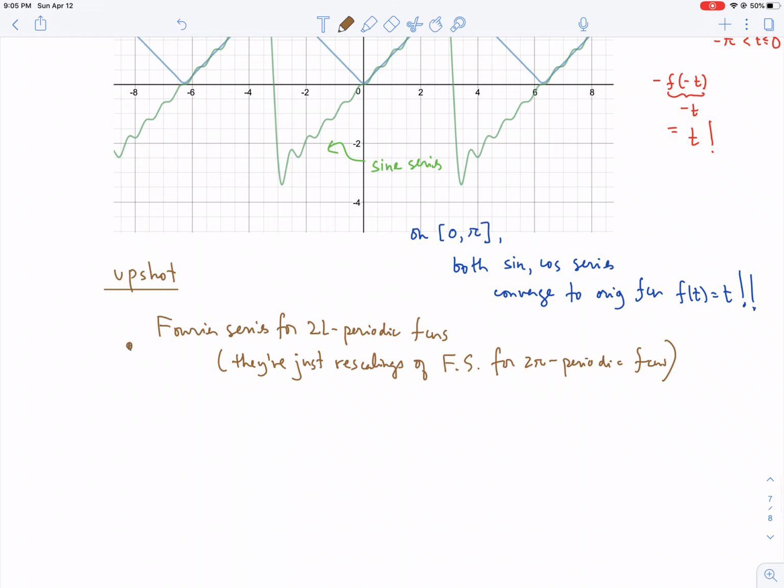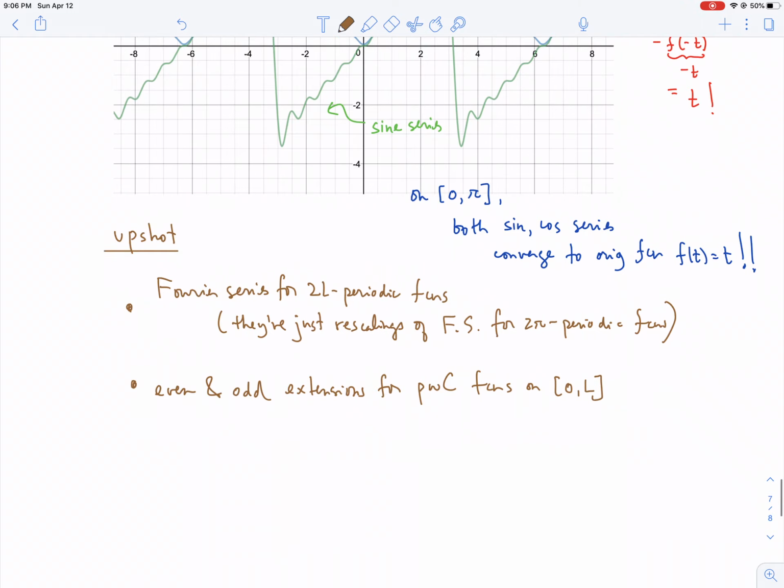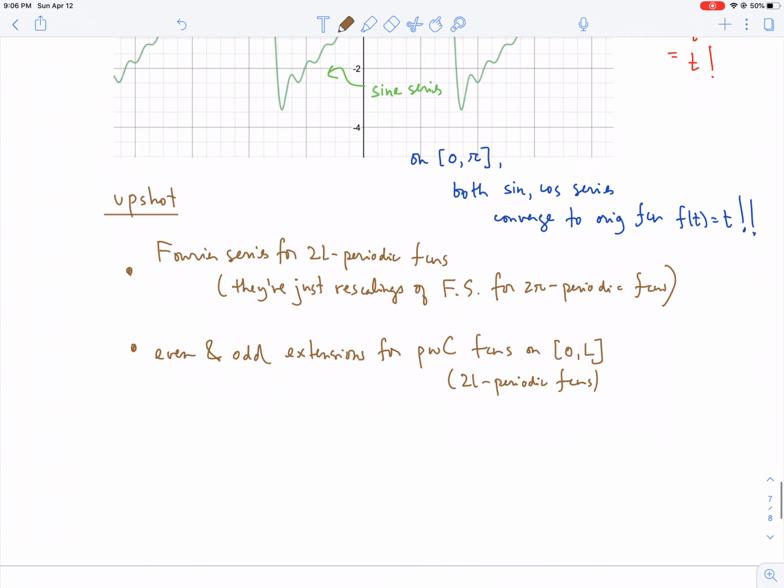And we talked about even and odd extensions for piecewise continuous functions on the interval 0 to L. So that gave us 2L periodic functions, which were either even or odd.